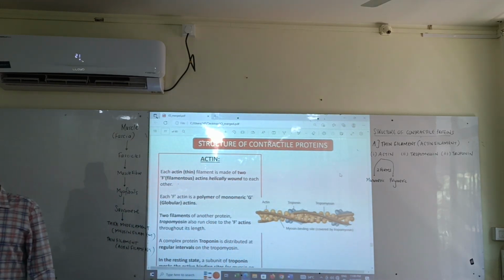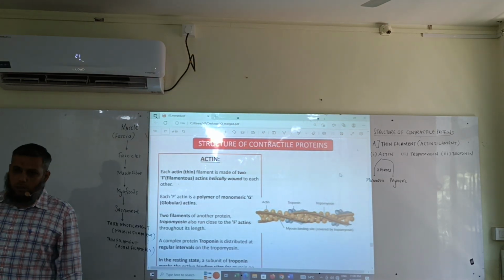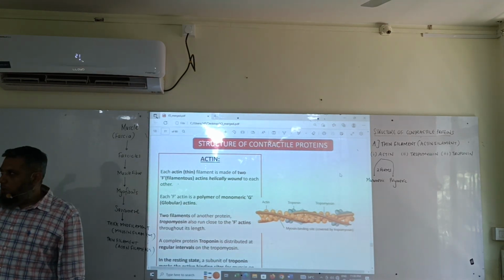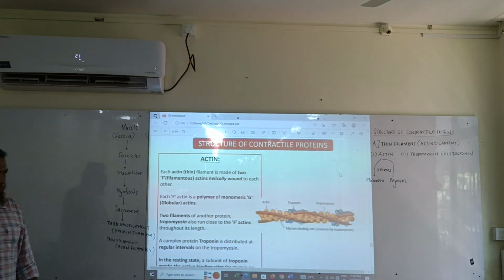Protein is a polymer. Amino acids are the monomers. Correct? Glucose is a monomer. Starch is a polymer of glucose. This wall is a polymer. One brick is the monomer.